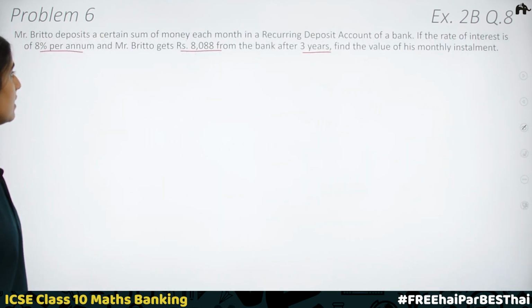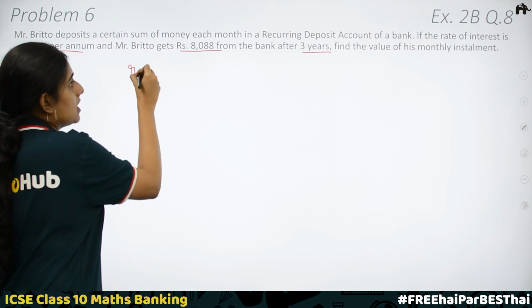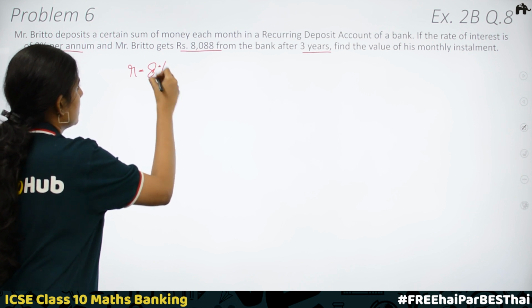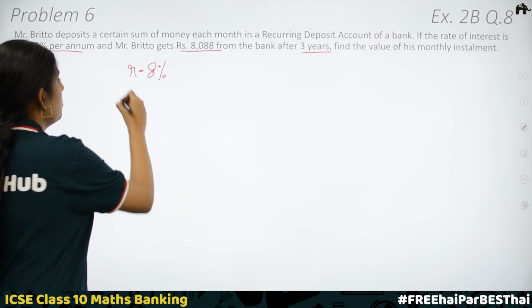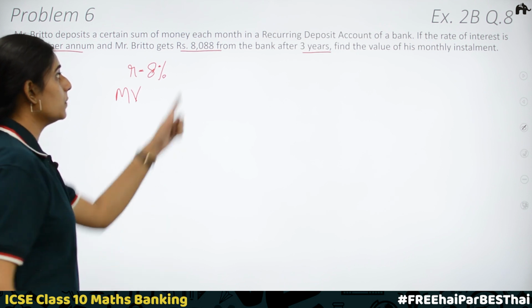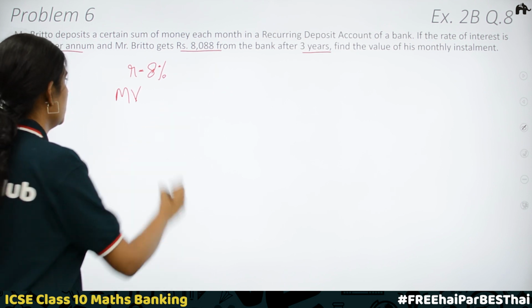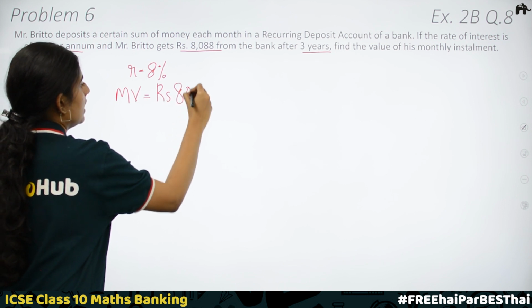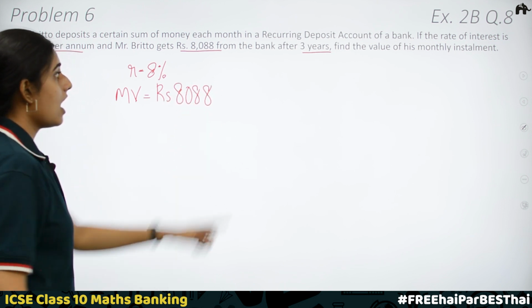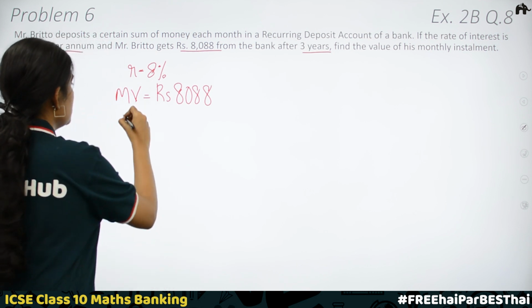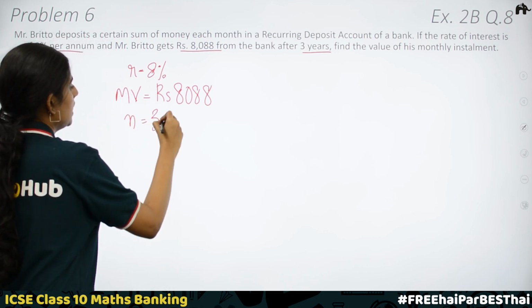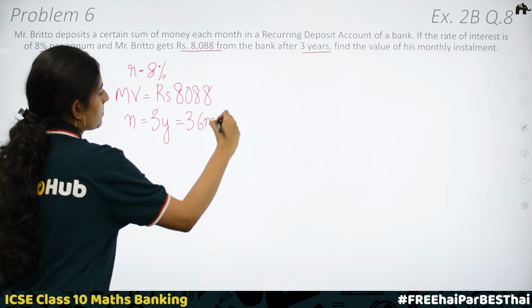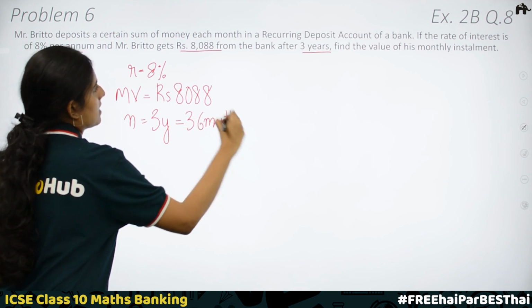Given quantities are, we have the rate of interest R is equal to 8%. Then maturity value is given. Here rupees 8,088 is the maturity value. After 3 years, N is equal to 3 years, equal to 36 months.